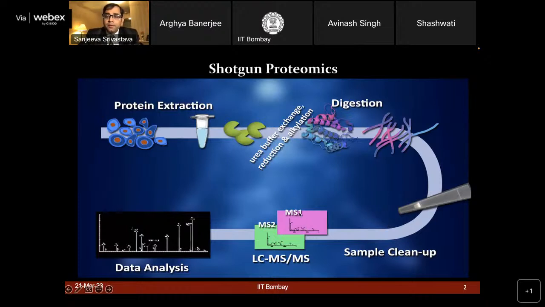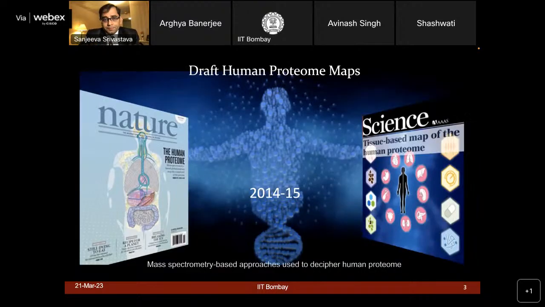Then you can run the samples with MS1 or MS/MS analysis for peptide and protein identification, and of course the complex data generated needs to be searched against different databases. This is general mass spectrometry-based proteomics, also known as shotgun proteomics, and you can see that in these steps you can do this kind of work with great ease.